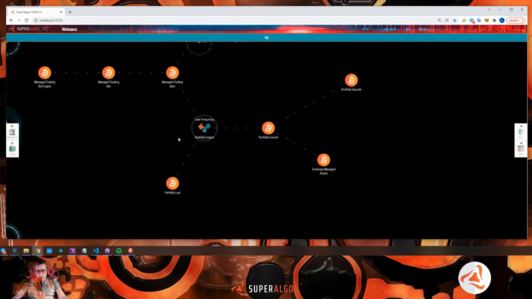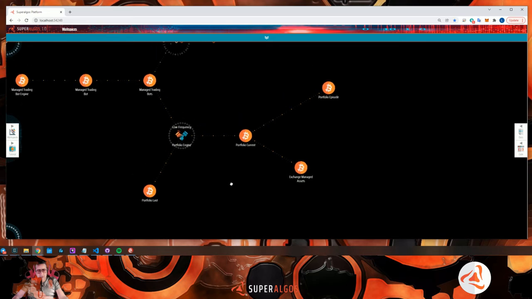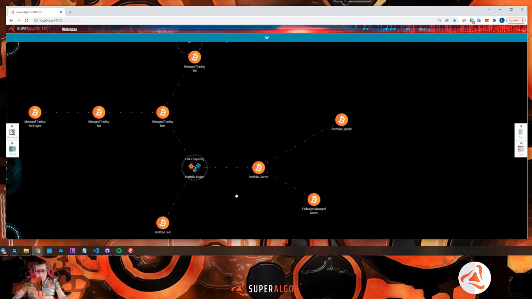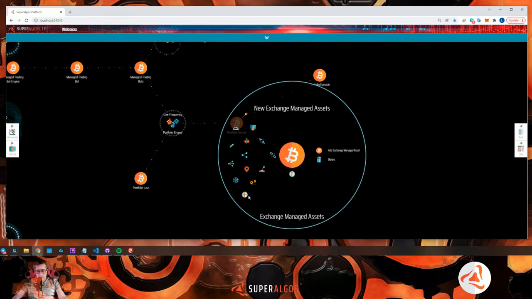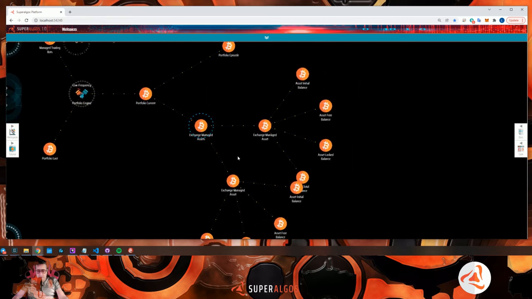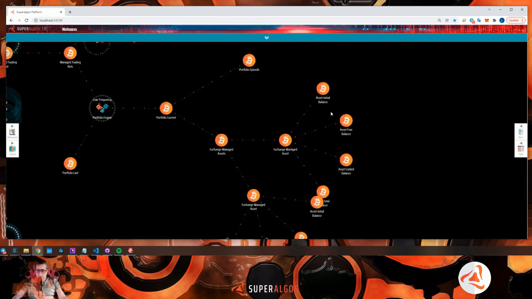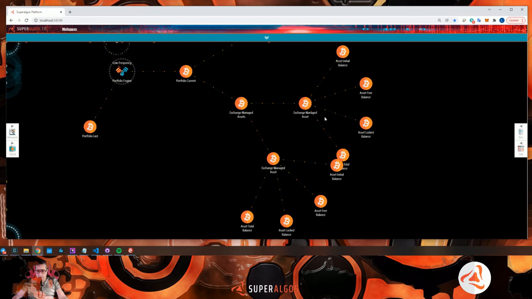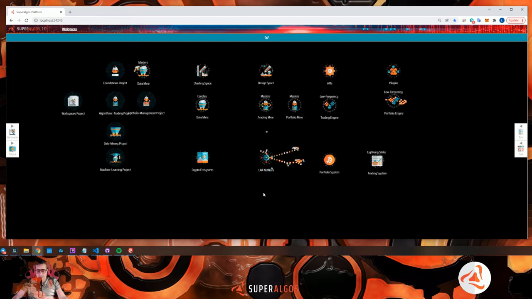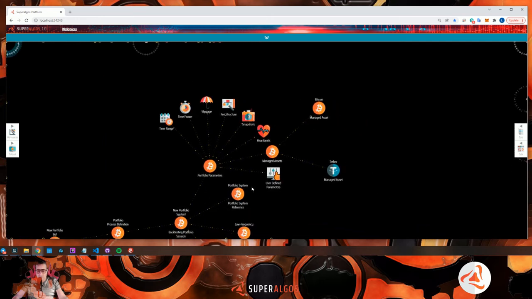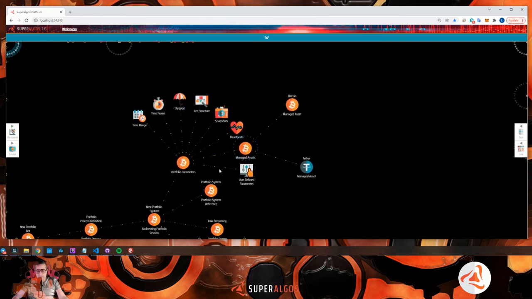So at the portfolio engine, you will find a structure like this, where you have exchange managed assets. And here, this at runtime will be filled with the actual values of the balances: the free balance, the locked balance, and the total balance of a list of assets that you might provide. You will provide the list of assets you want to monitor here as a new type of parameters.